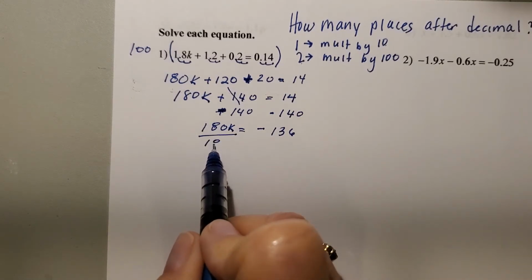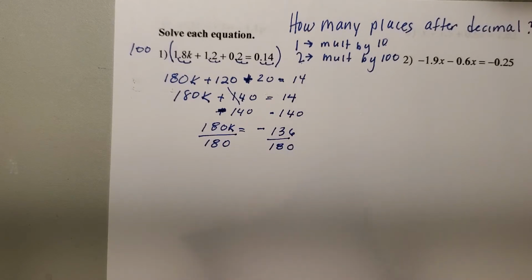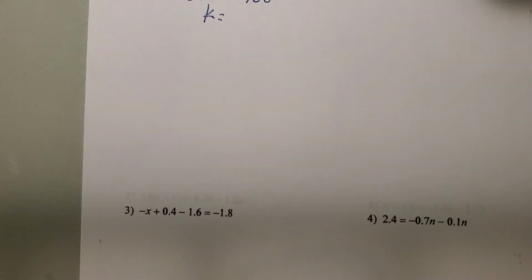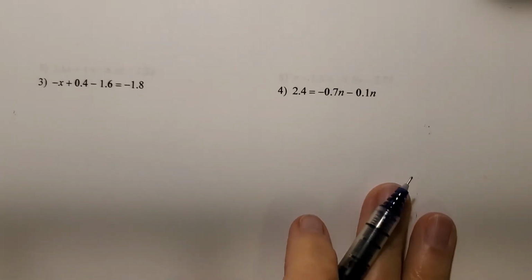We're going to divide both sides by 180. Here's where your calculator comes in handy. And I'm going to let you finish this problem. I don't have my calculator here. I'm using it as my recorder. I'm using it for the video. So you'll have to finish that and figure out what K equals. Okay. All right, let's look at the next problem.